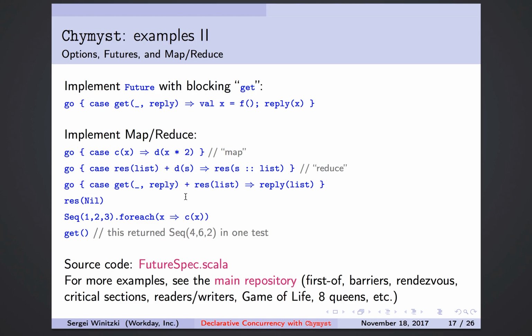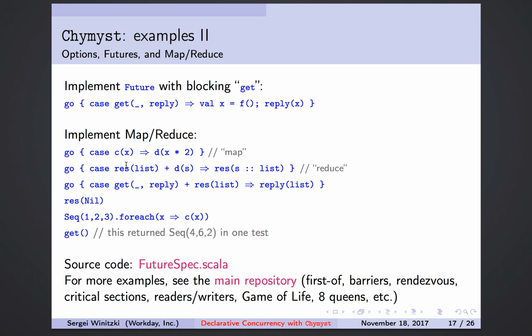Now, how do we actually gather the results? We need another reaction that will gather the results, and the result must be carried on a molecule. What would that molecule be? Let's call it res for result. That molecule needs to carry a list of values.